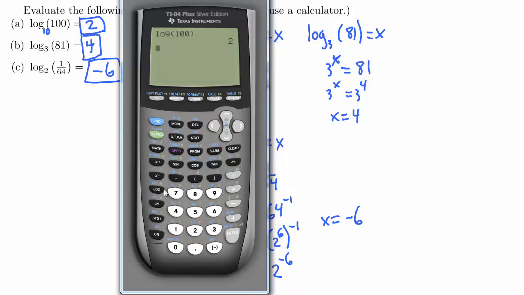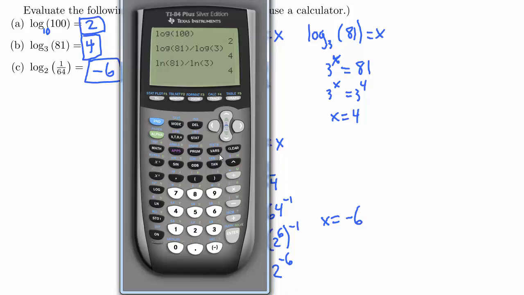Now, I can actually type in log 81 divided by log 3. And the reason why I can do that is because of the change of base theorem. So log of the argument divided by log of the base. Or I could have done natural log of the argument divided by natural log of the base.